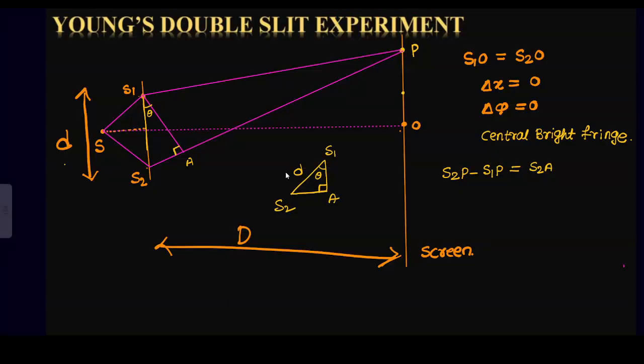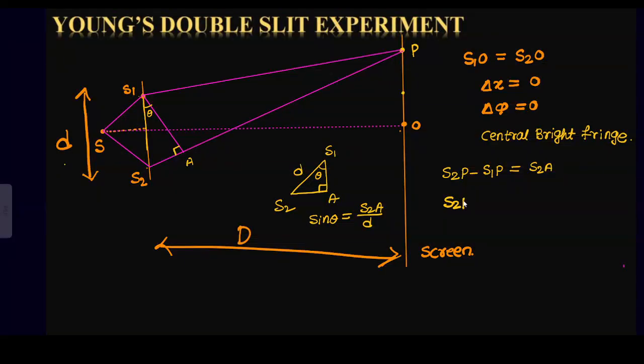Now S1, S2 distance is D. From the triangle, we can take sine theta. What is sine theta here? S2A by D, na. From this, S2A is equal to D sine theta.